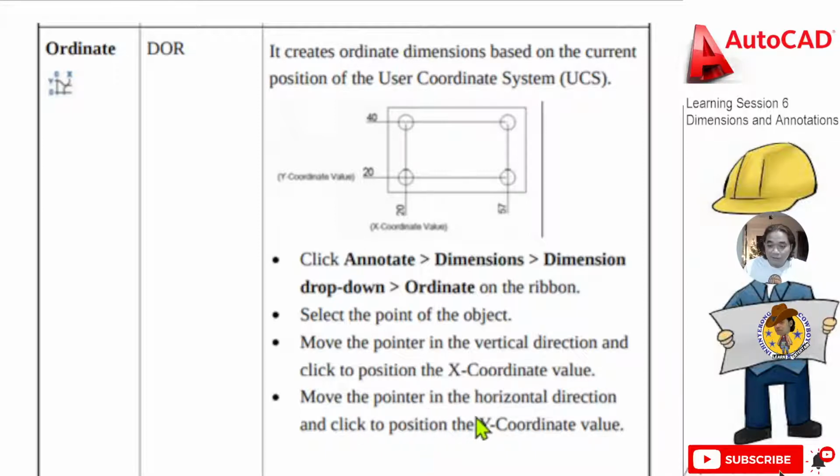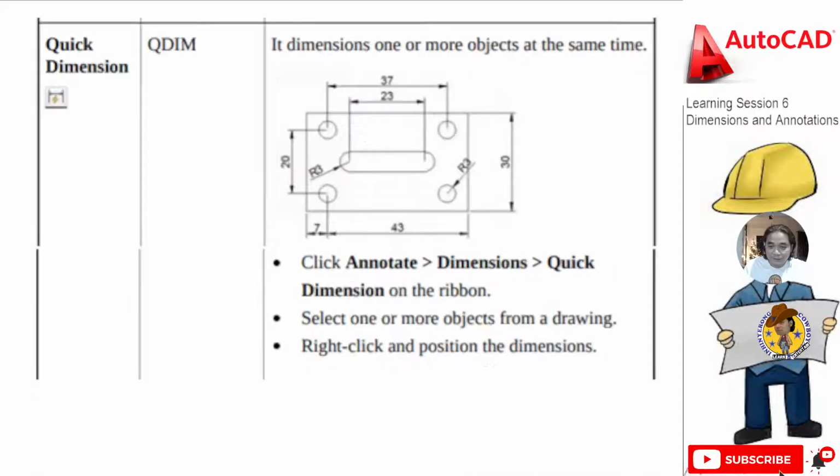Then move the pointer in the horizontal direction and click to position the Y coordinate value. Okay, so for quick dimension, you can type QDIM in the command line as a shortcut key. Then it dimensions one or more objects at the same time.